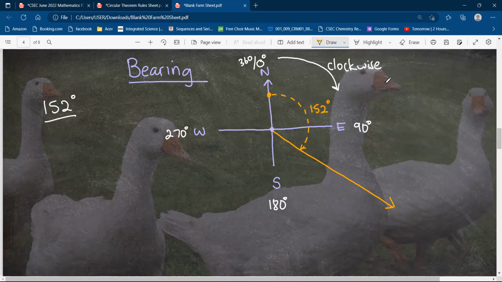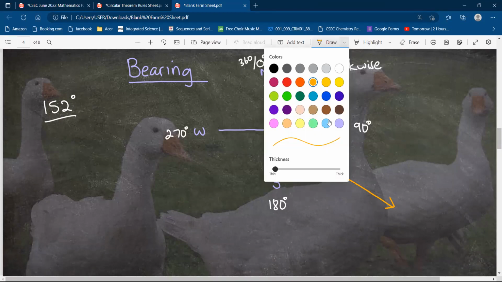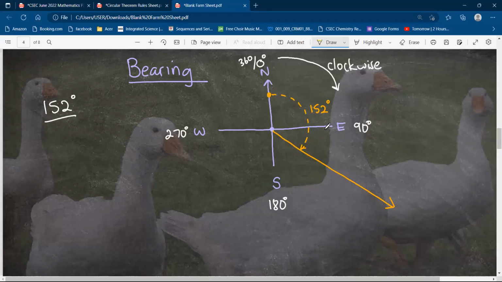So we could reason out other angles just in case we need them for calculations. Let's use some common sense here. What would be the value of this yellow angle if we needed it?